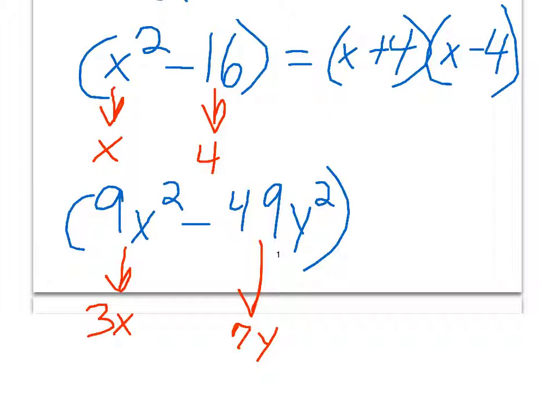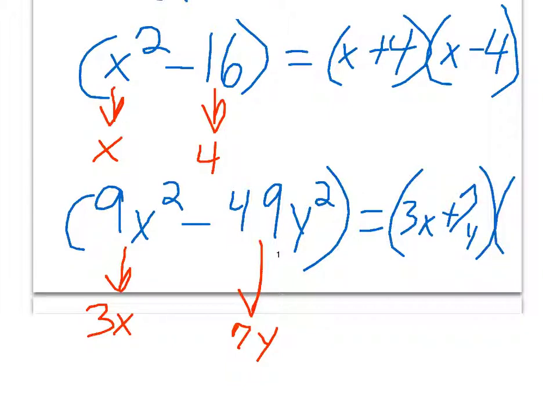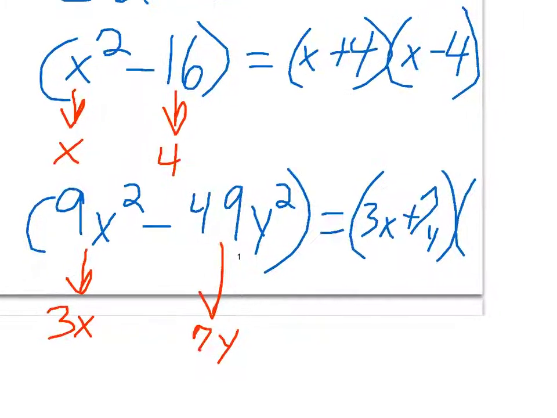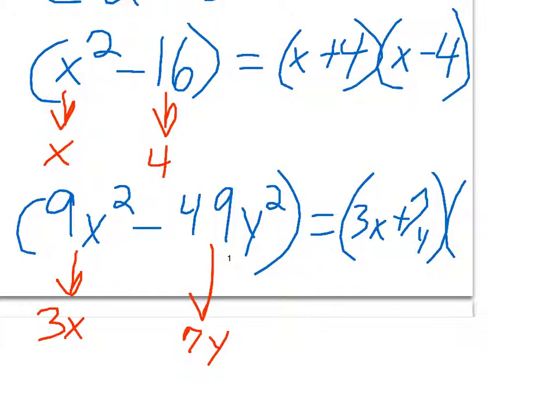So the answer then is just 3x plus 7y, and then 3x minus 7y.